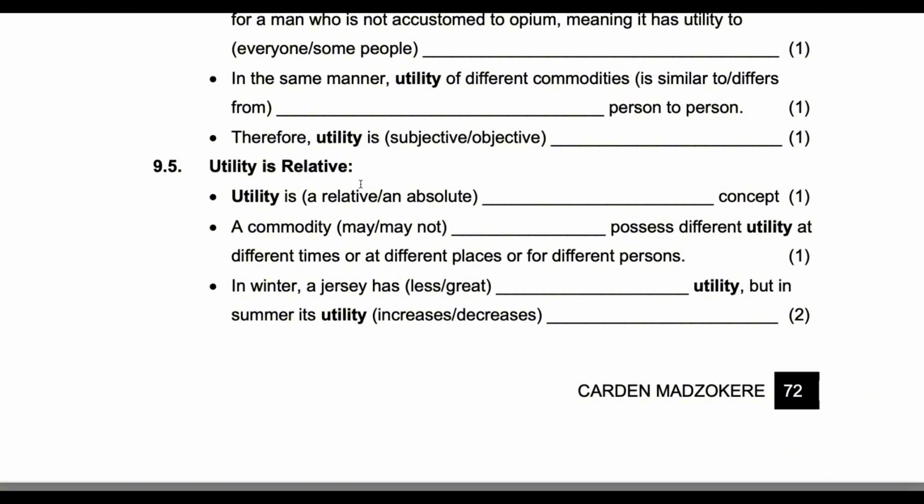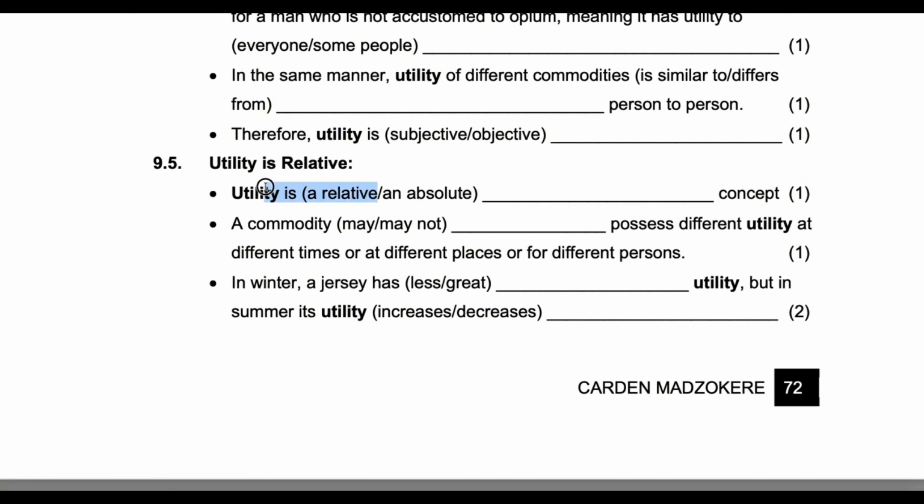Oxygen is absolute, because we need it all the time, but utility is not like that. We don't need the light all the time like street lights. We need them at night. During the day, we switch them off. So utility for street lights is high at night and low during the day. It's as simple as that. So utility is relative.